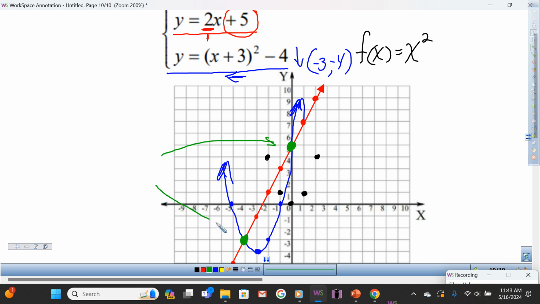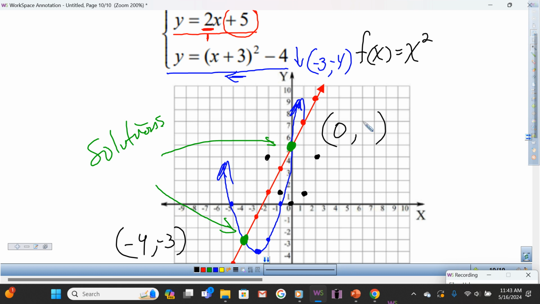Point to them. Solutions. So let's see, what are my coordinates? This one over here we said is -4, -3. How about this one? This one is 0, 5.